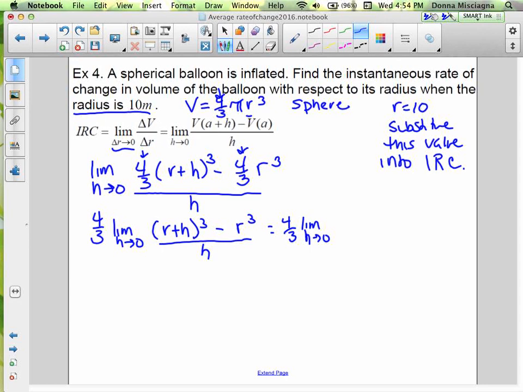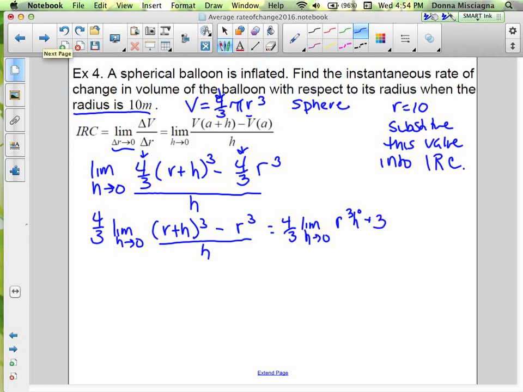So when I cube r plus h, I'm going to have r cubed. And actually, I'm going to write it like this, just to help you remember how to cube this. So r cubed times h to the 0. Well, anything to the 0 is 1, so there's not going to be an h at all. It's just going to be an r cubed. I have a plus, which makes things nice because these are going to both be positive.